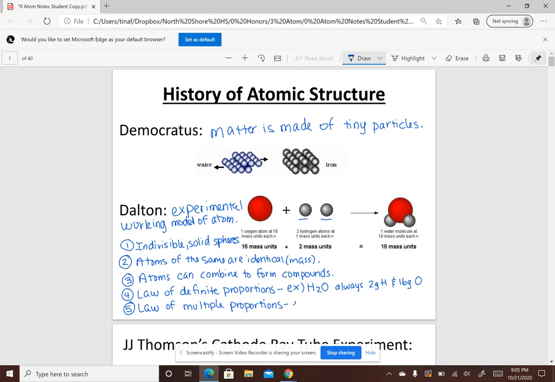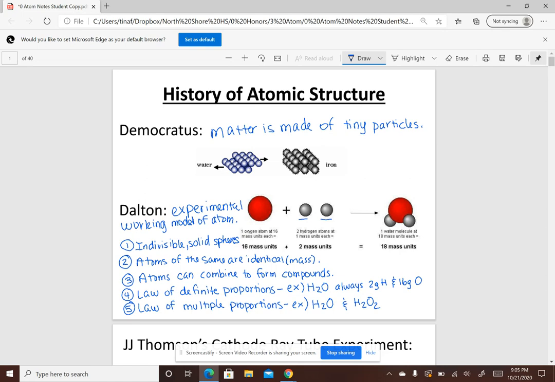So for example, H2O is water and H2O2 is hydrogen peroxide. Both compounds are made up of hydrogen and oxygen, but I went ahead and changed the amount. They can bond in different amounts, but when they do that, they're a different compound.